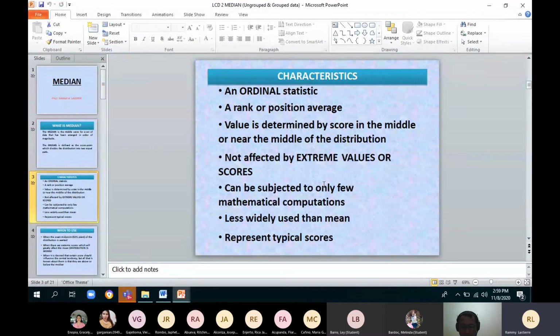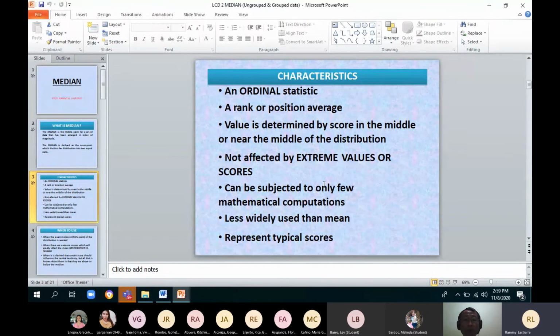Characteristics of the median. An ordinal statistic. A rank or position average. Value is determined by the score in the middle or near the middle of the distribution. Not affected by extreme values or scores. Okay, this is correct.